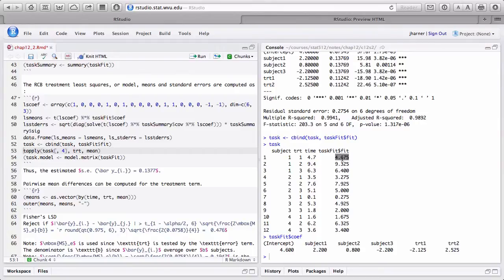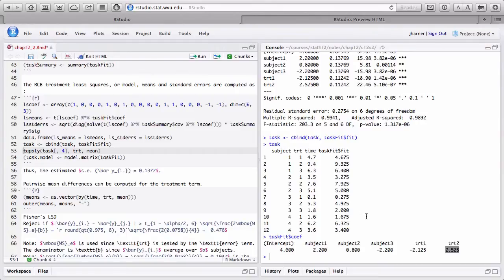So how would you get the second one? You would take mu. Notice the treatment is 2. The subject is still 1. So you take this plus this plus this, and you get 9.375 and so forth. So those are the way we get the hats. And those, in fact, are the model means. Those are the estimated values.